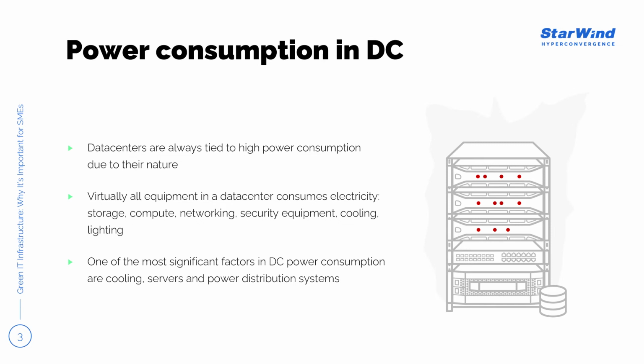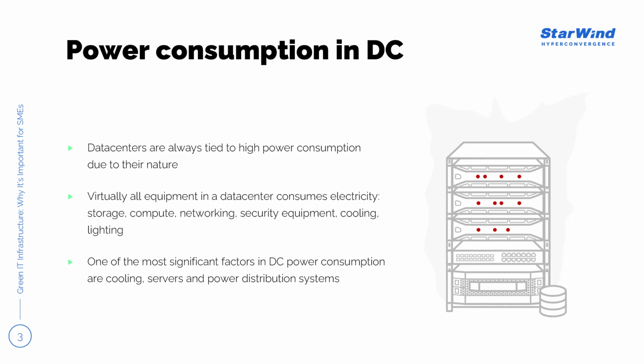However, just to paint an overall picture that might fit the majority of companies, the most significant power consumption factors usually include cooling, servers themselves, and power distribution systems, namely the losses associated with them.